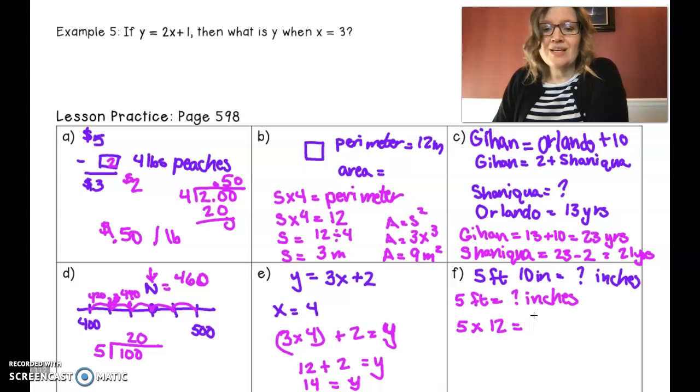And that gives me 60 inches. It's a good thing I know my math facts, and I hope you do too. Now we need to take the 60 inches and add this 10 inches to it. And so 5 feet 10 inches equals 70 inches.